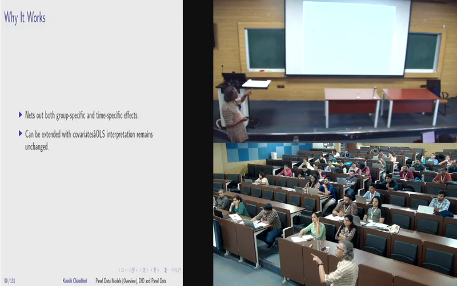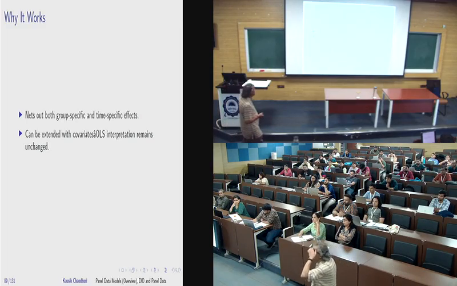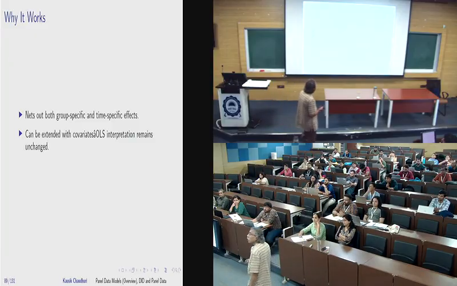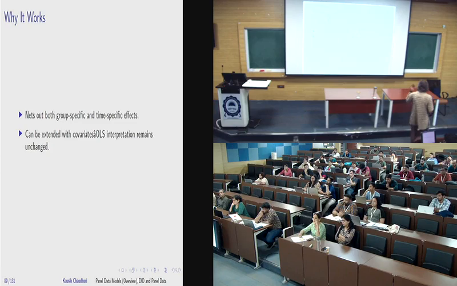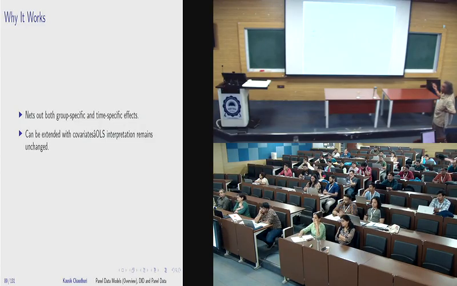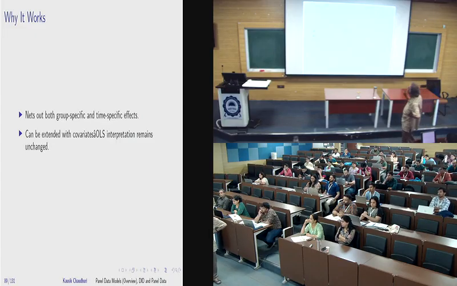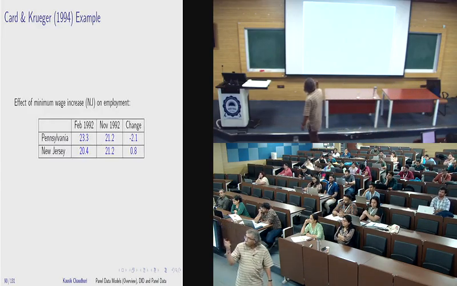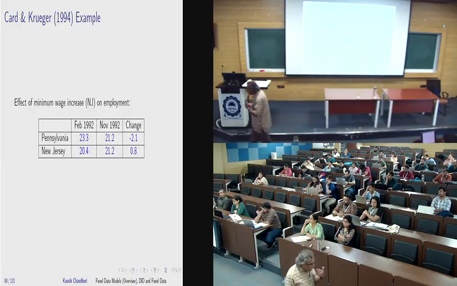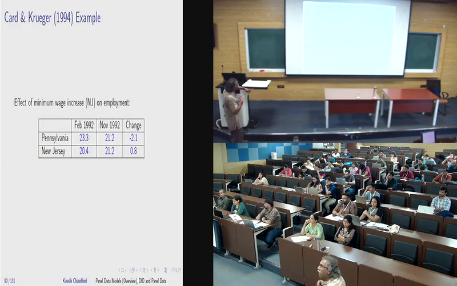It nets out both the group-specific and the time-specific effect, and it can be extended with further covariates, because I can easily have gamma x_it, and the interpretation does not get changed. Recall, this is what we did more in terms of the actual numbers, the effect of minimum wage.